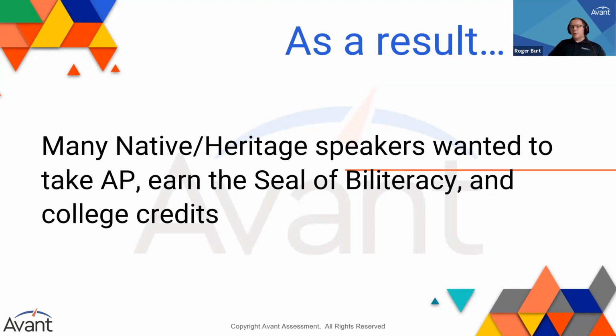So that was really encouraging to see that as they learned more about opportunities, they wanted to take advantage of that. And we were very happy to help them take advantage of that. So AP class numbers grew quite a bit.